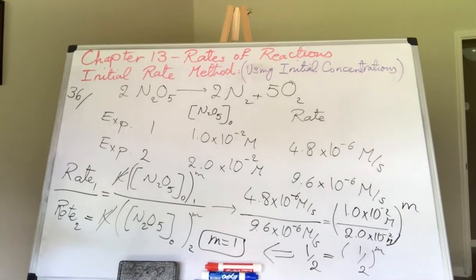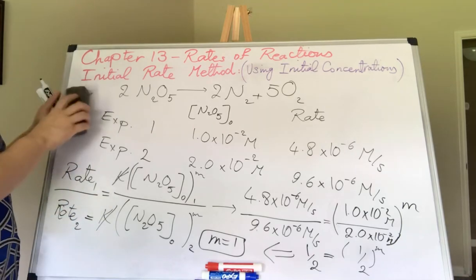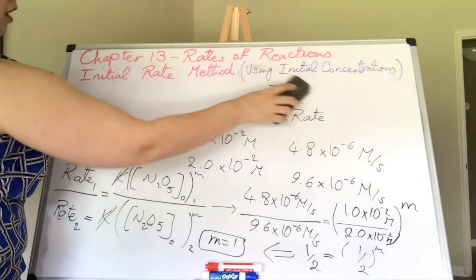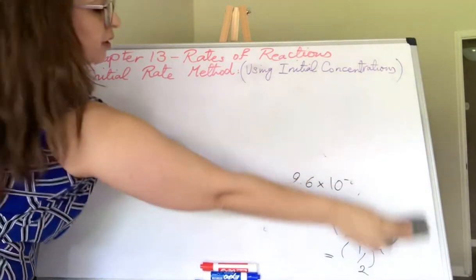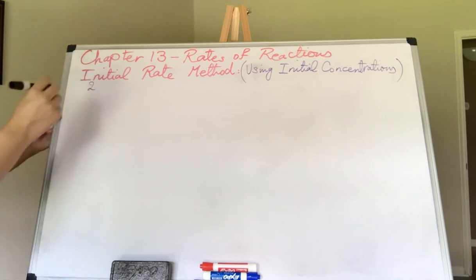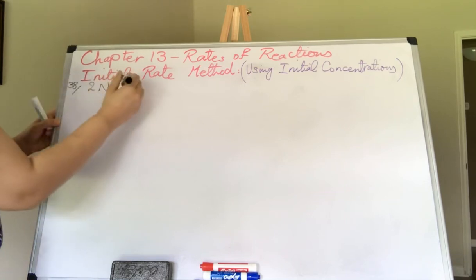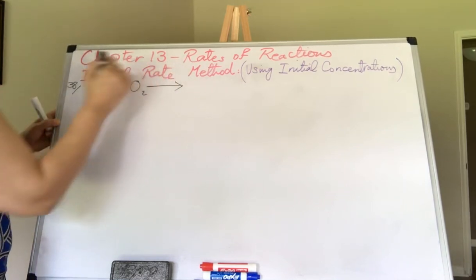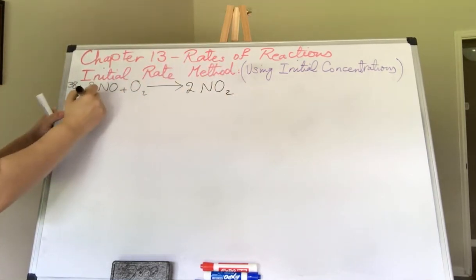Let's work on a little bit more complicated question, which has a different equation and different sets of experiments. Here's the equation. We're working on slide number 38. 2NO plus O2 gives 2NO2, and now you have three sets of experiments.